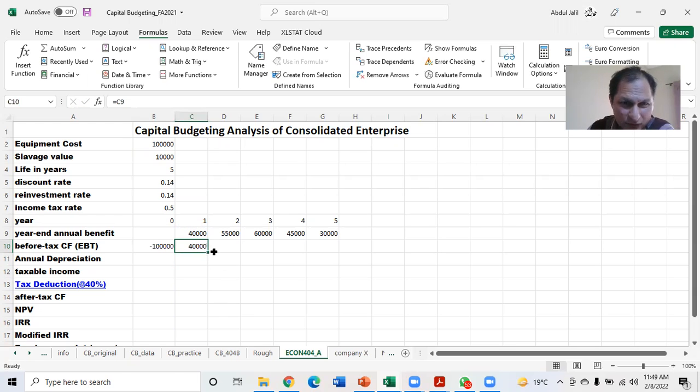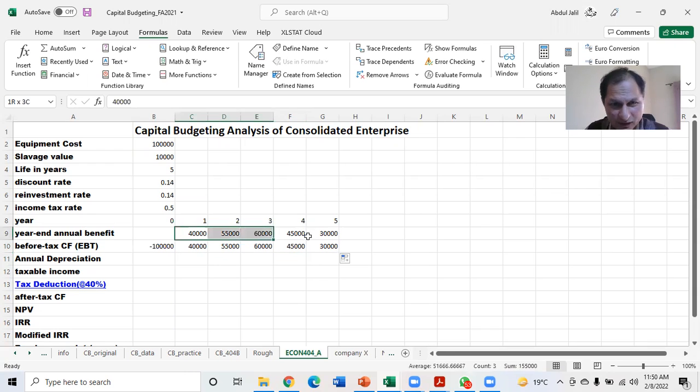So we are going to apply this on all these values, right? In this way, you can get all these values. Why have I mentioned this? Because later you are going to make some changes in these cash flows. Whenever you apply changes, the original cash flows are not going to change here, right? Any kind of change, just like benefits are going to rise 10%, benefits are going to decrease, cost of production is going to rise, variable cost is going to rise, or fixed cost is going to change.